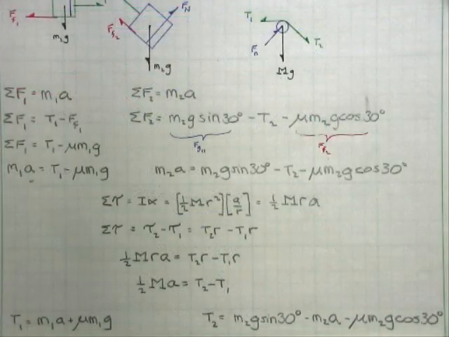Well, I've gone through this next step rather quickly. We've set those two ways of expressing torque equal to each other, and we've simplified. And then you may wonder, well, what's with that next line? All I've done is, if you look back up to where we have m1 a equals T1 minus mu m1 g, I've solved for T1, and likewise for T2.